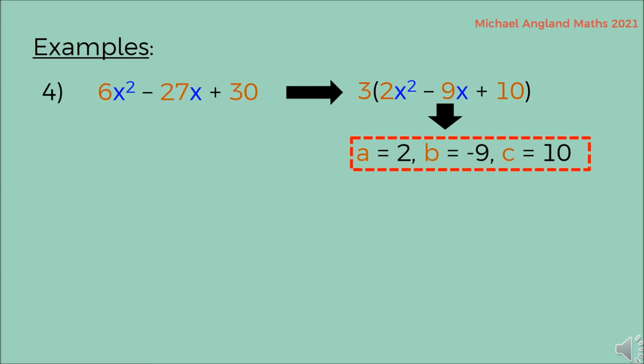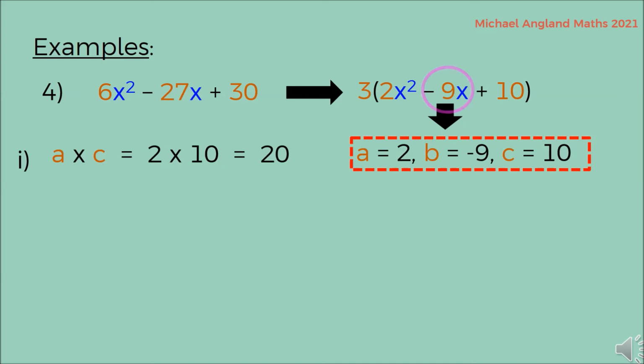So, having had this simplified somewhat, we go to a times c, and we now have 2 times 10, which is 20. And because c is positive, 10, that means the two factors are both negative, or they're both positive.